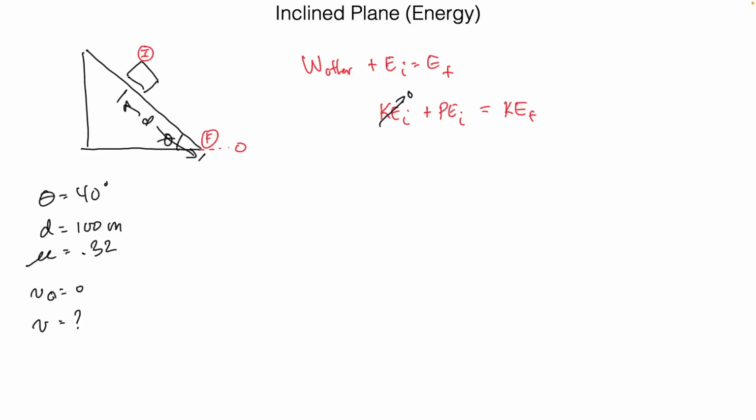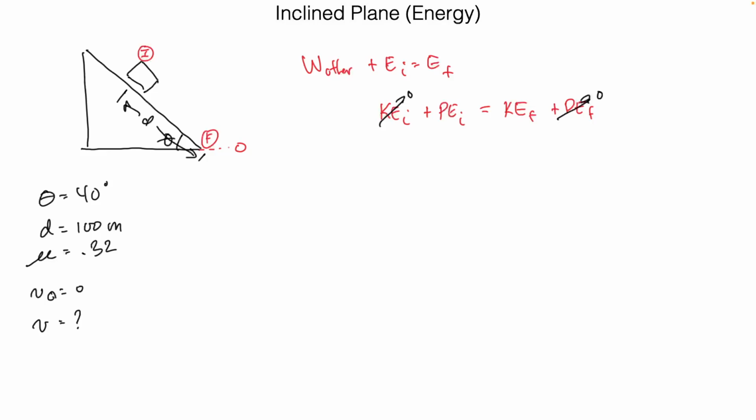And what would gravitational potential energy be if the aardvark makes it to the bottom of the hill? 0. Why? Because that's where we put 0. Always have a reason for being able to say something is 0, right? And in this case, the final potential energy is 0 because we put 0 there.